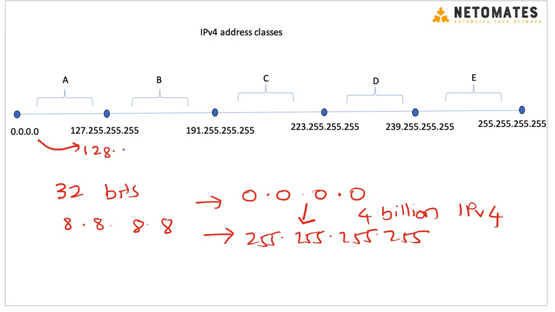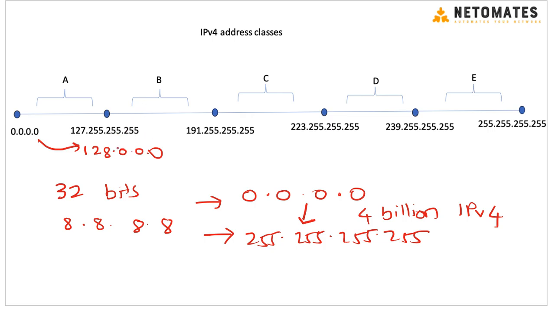Class A starts from 0.0.0.0 until 128.0.0.0, but 128 is not part of class A, 128 is part of class B. So class A just goes from 0.0.0.0 to 127.255.255.255.